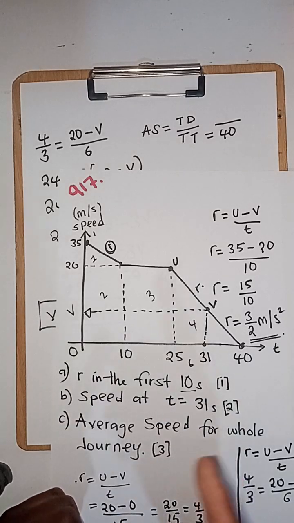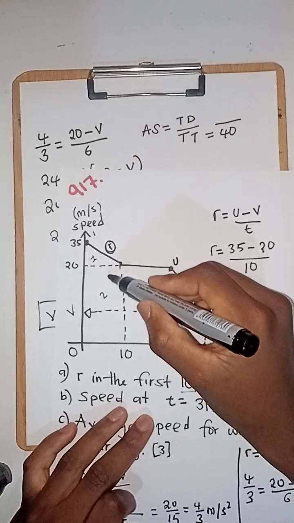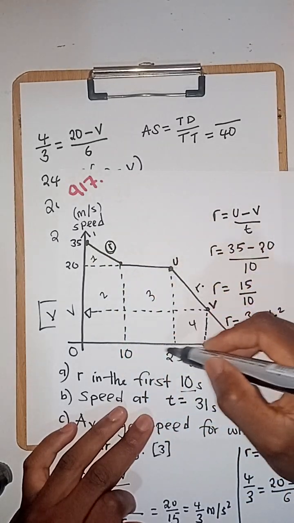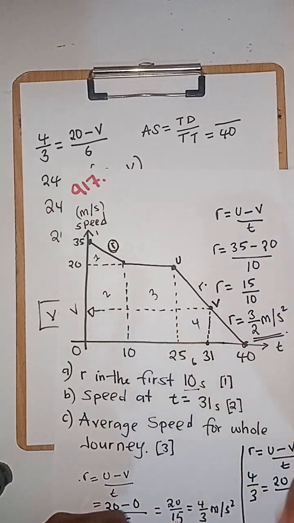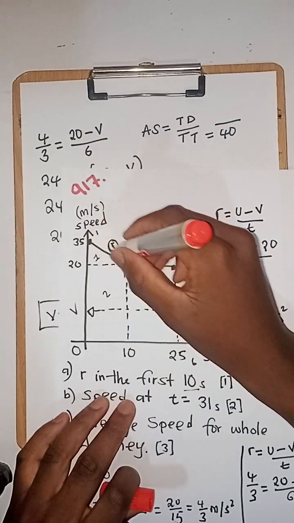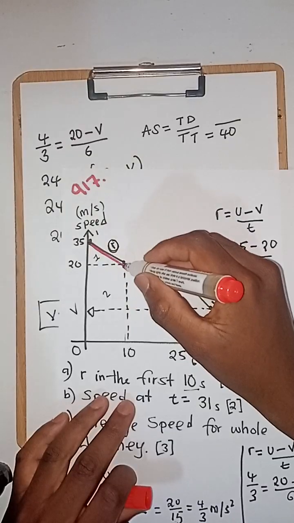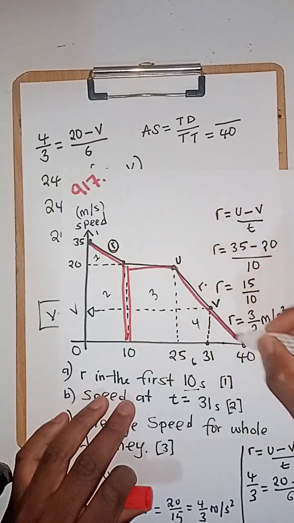So if you want, you can say this can be a right angle triangle, this right here can be a rectangle, this can also be a rectangle, and this can be a right angle triangle. That is one way. Or you can say this will be my trapezium, and also this one from here. So this can be a trapezium, and this one can also be a trapezium.